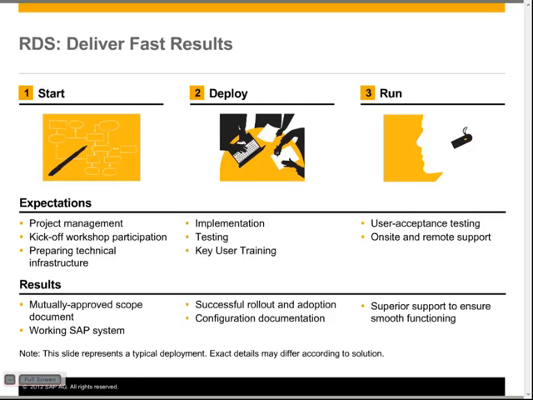It's delivered in 3 simple phases: start, deploy, and run. And you might see there is some involvement from the customer in all these phases, such as the customer wanting to get involved in some of the product management, even though it's run by SAP. They might want to get involved in part of the testing, or obviously the user acceptance testing as well. But it's essentially an RDS which is run by SAP.